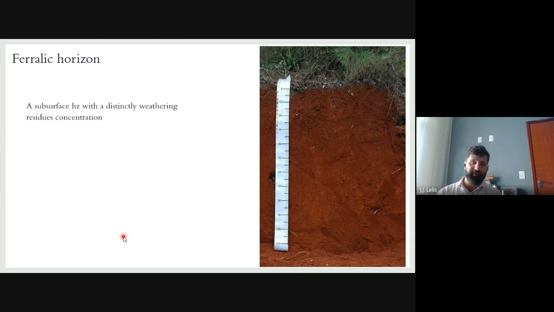The coarse fraction, the sand fraction, is essentially composed of quartz. That's a hard material that is hardly weathered.